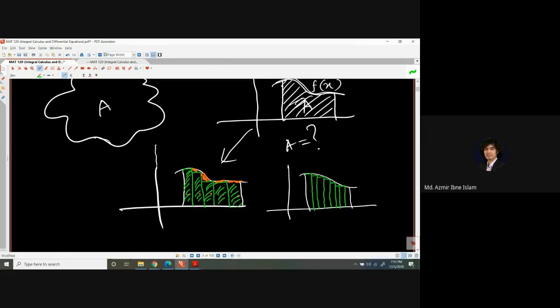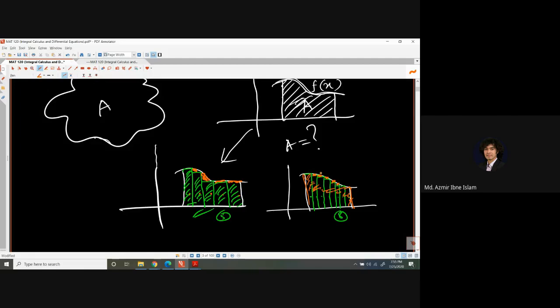So for this one we have taken 5 rectangles, but here we have taken 8 rectangles. So you can easily say that we can sum up all the rectangles' area, and we will get somehow the area of this curve from this part to this part, but still we have some error here. That means the area that we are going to find is not the exact area, we're getting the approximate area.